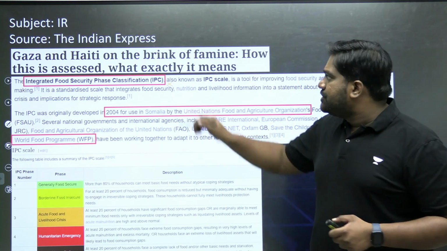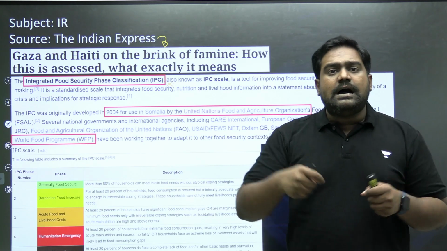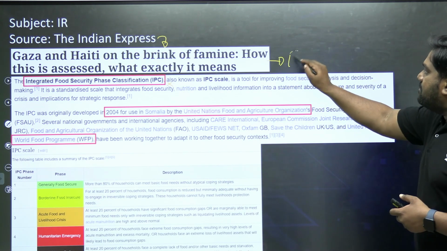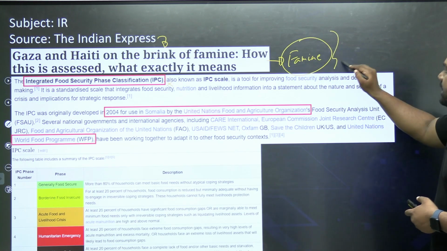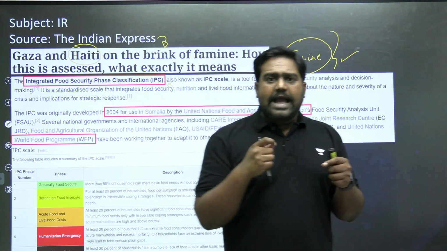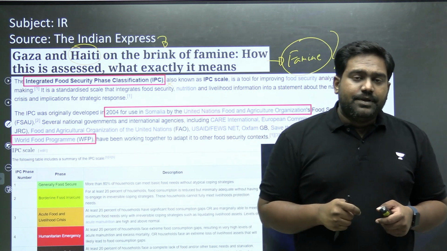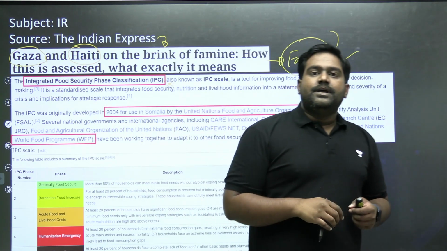This topic is in news because according to this article in the Indian Express, Gaza and Haiti are staring at a massive famine triggered by the conflicts going on in these regions. We have discussed the gang violence and instability in the Caribbean country of Haiti. We have spoken about the ongoing war in Gaza.